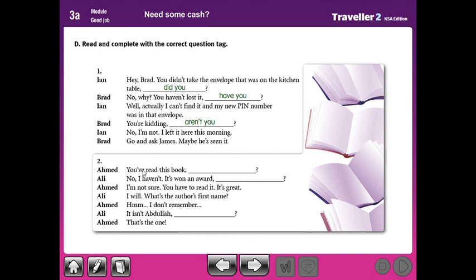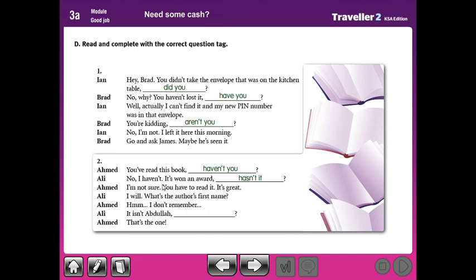2. You've read this book. Here we have the short form of have, so we use haven't you. No, I haven't. It's won an award. Here we have has, so we say hasn't it.